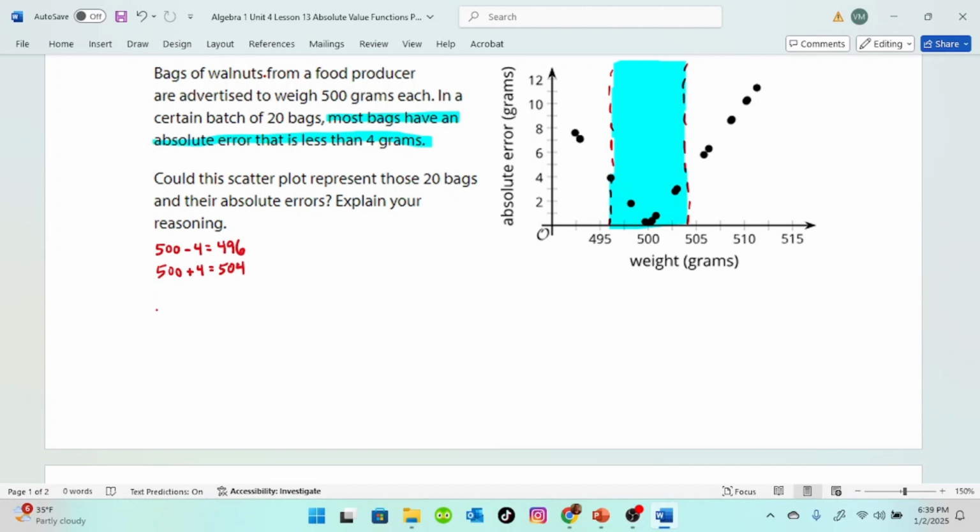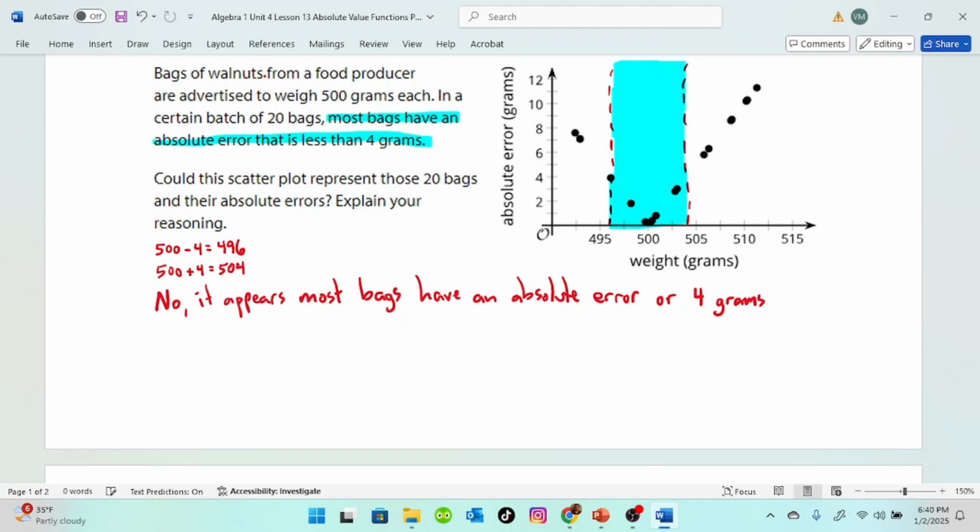So we would say no. It appears most bags have an absolute error of 4 grams or more in this batch.